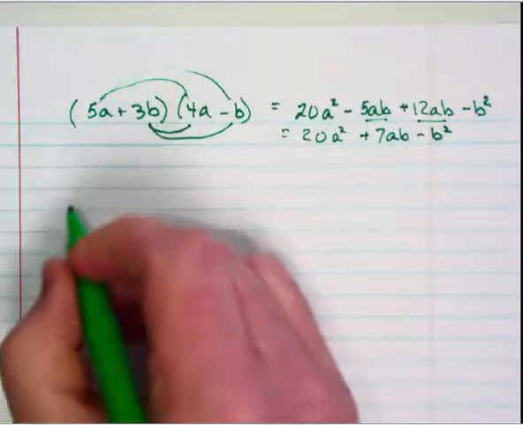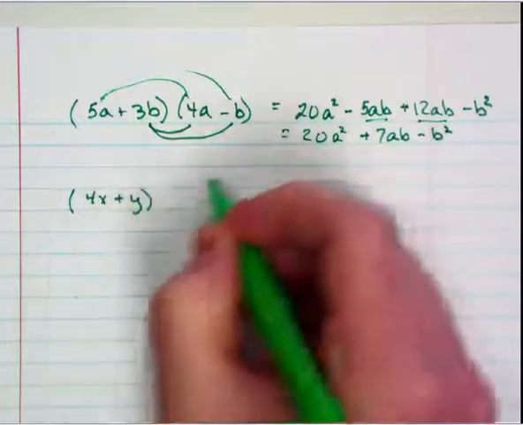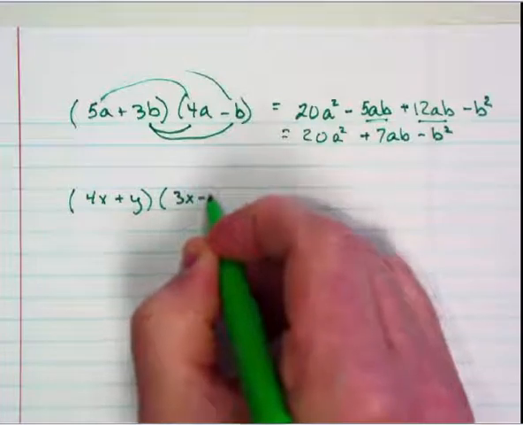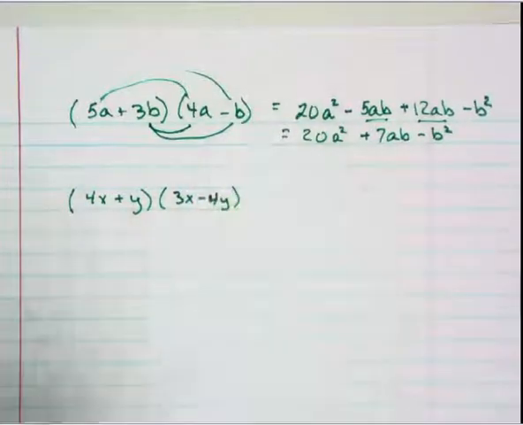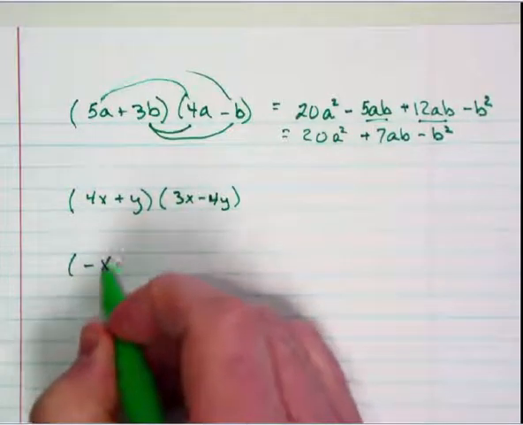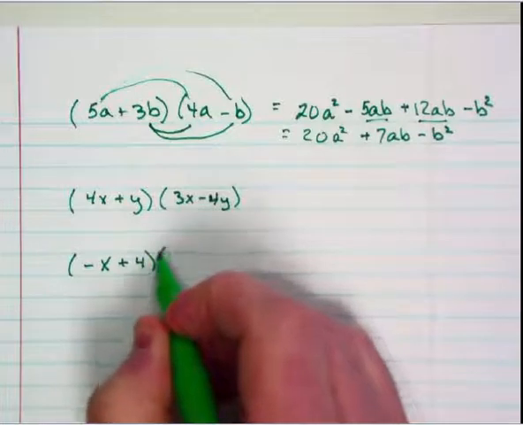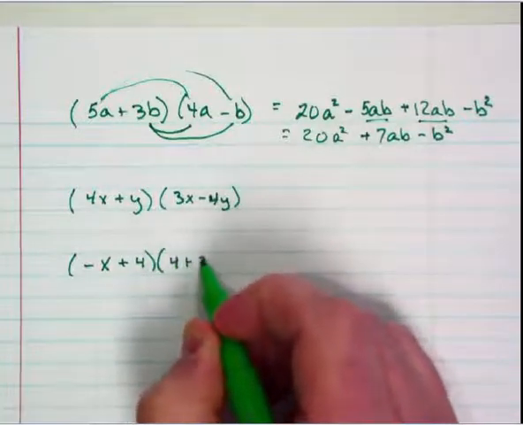Alright, so why don't you please try 4x plus y times 3x minus 4y. And then why don't you try negative x plus 4 times 4 plus 3x.